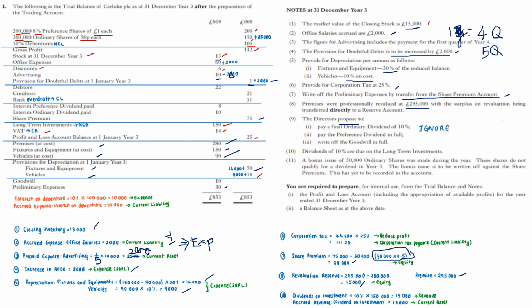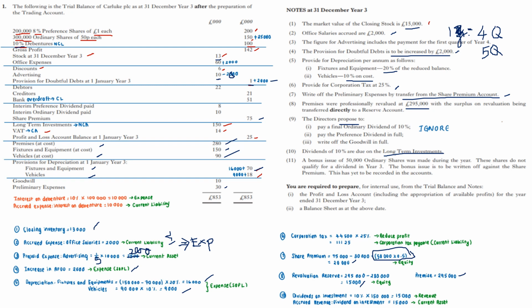Number 10, dividends of 10% are due on long-term investment. Sorry about that.